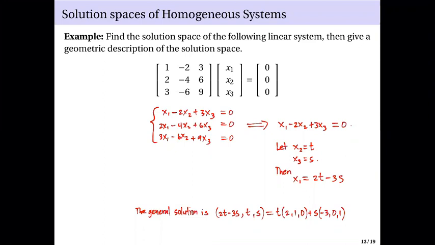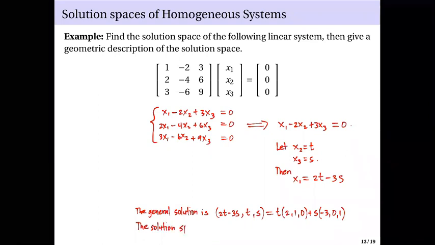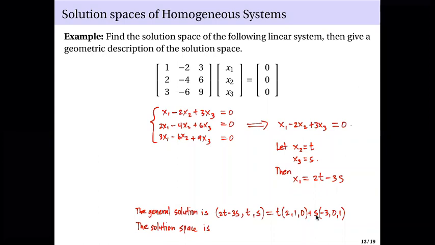Okay, so what is the solution space? Solution space is, take note, t and s here, they are all scalars. They are both scalars.